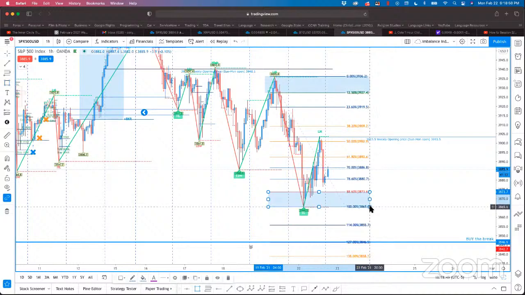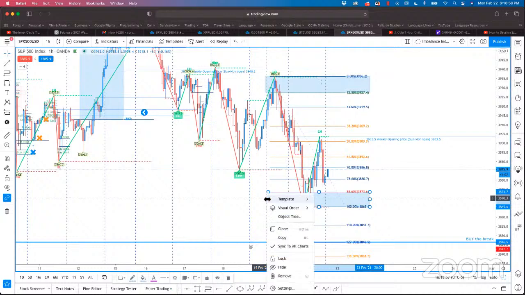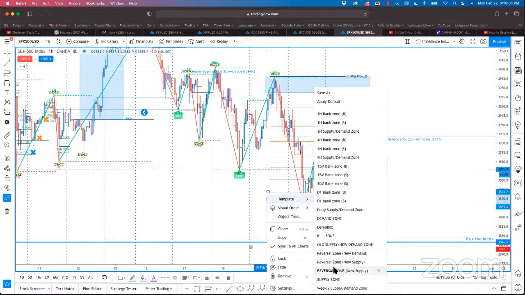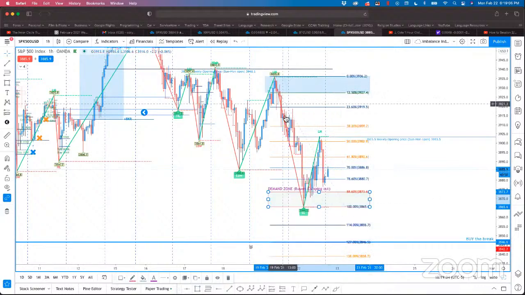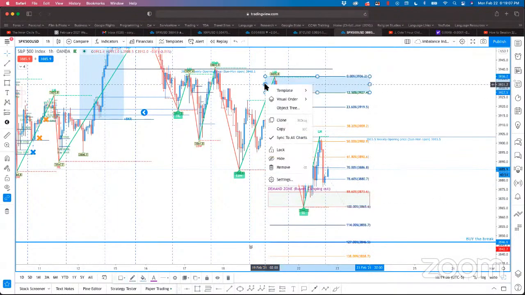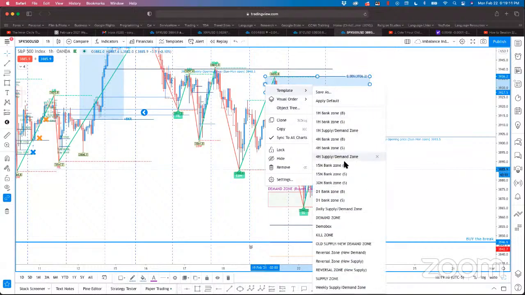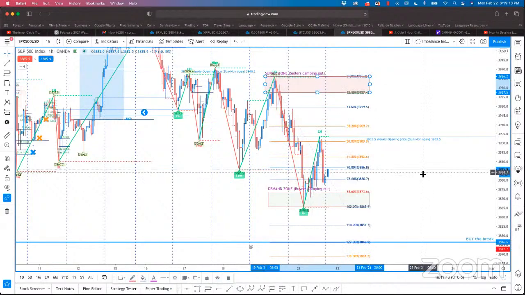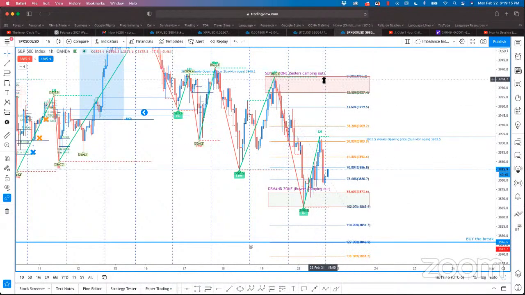Once you have these two, the high and the low created, this is where your supply is right here, and this is where your demand is. Of course, this is the easiest way to see this.